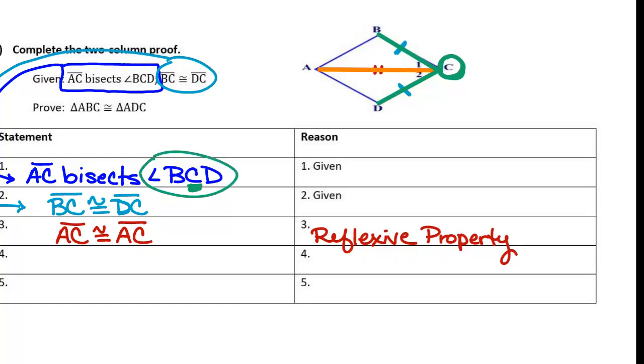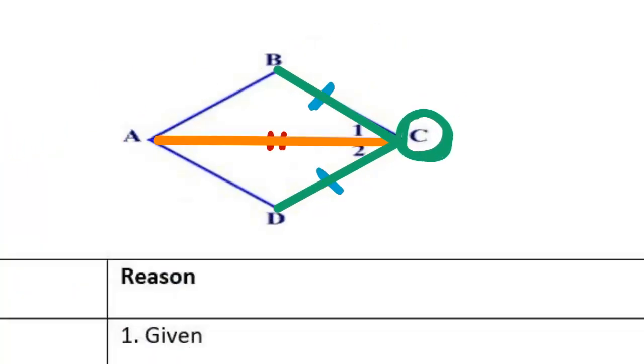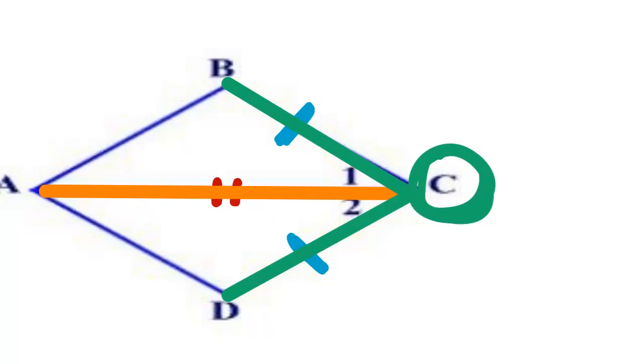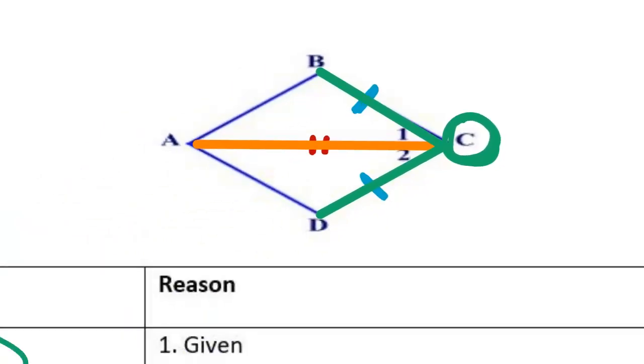When I cut a candy bar in half, I end up with 2 smaller candy bars. When I cut a segment in half, I end up with 2 smaller segments. If I cut an angle in half, I'm going to end up with 2 smaller angles. So what are the 2 smaller angles that are going to be the same size as each other? Angle 1 and angle 2.